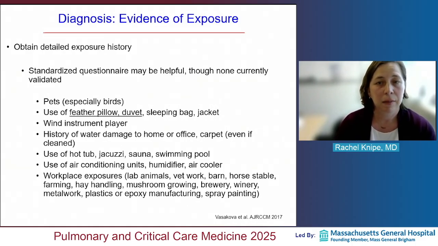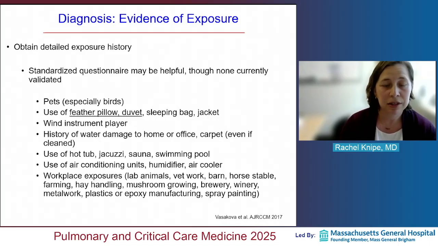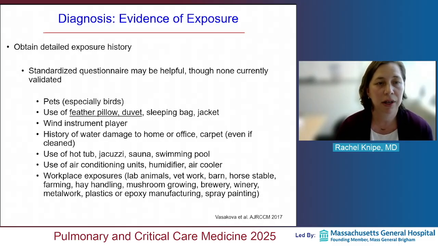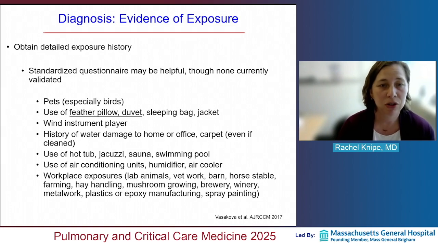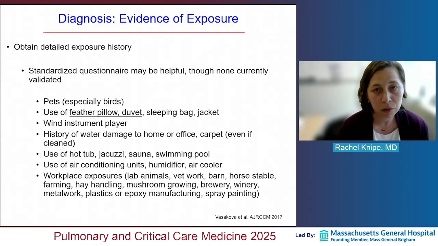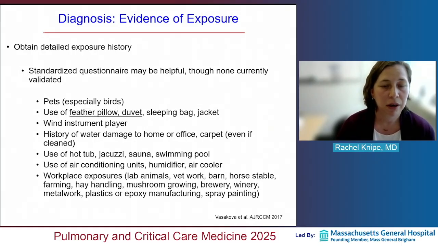And so many providers just have a list of things that they run through that include pets, especially birds, any kind of exposure to bird antigens, including commonly used items like feather pillows, duvets, sleeping bags, jackets, wind instruments, any water damage to the home or environment, other water sources like hot tubs, jacuzzis, or swimming pools, air conditioning, humidifiers, and then all kinds of workplace exposures like lab animals, veterinary work, farming, and then chemical exposures.